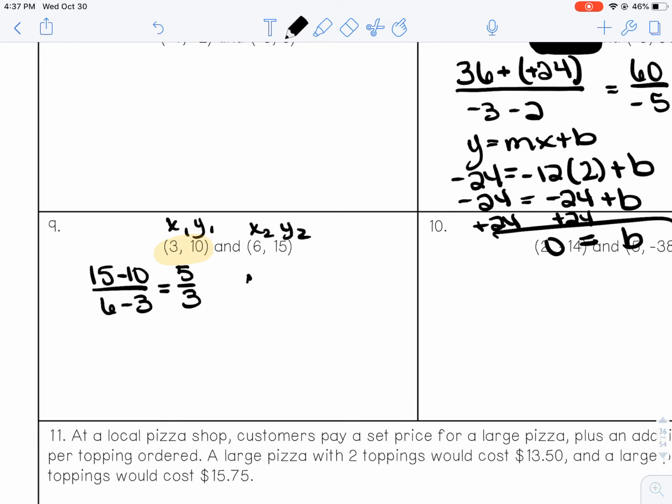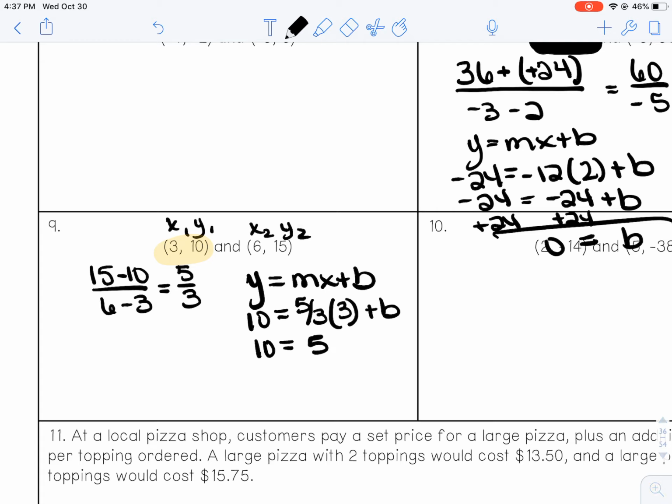And again, I don't really have any problem with either one of them, so I'm just going to pick the first one. And that's y equals mx plus b, so I'm going to replace y with 10, m with our slope of 5 over 3, times x, which is 3, plus b. Okay, so when I multiply that through, 5/3 times 3 is actually 5.